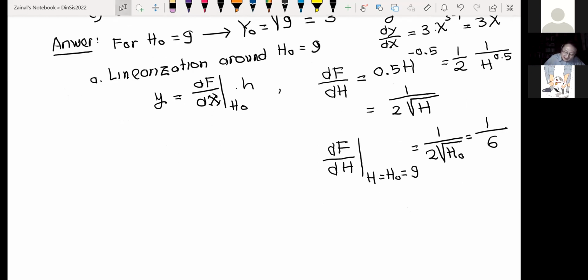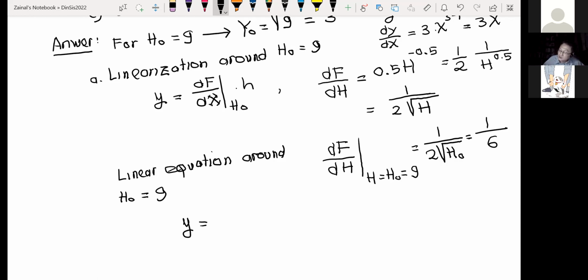Therefore, the linear equation around h0, which is the same with 9, becomes y equal to 1 over 6 multiplied by h.